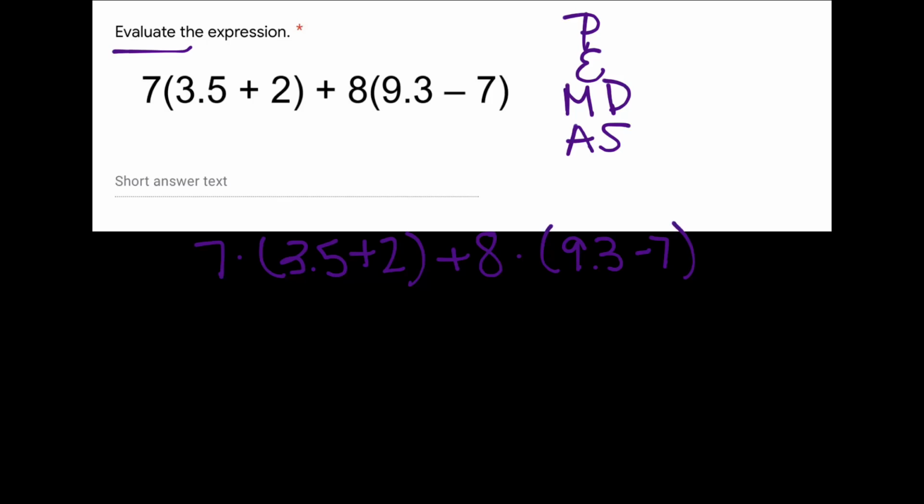We need to solve our parentheses first, and we go in order. So we're going to do this parenthesis first. Then we need to do our other parenthesis. Then we will do our multiplications in order, and then addition and subtraction. We solve left to right.